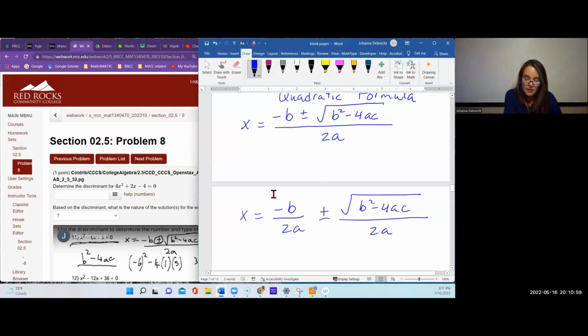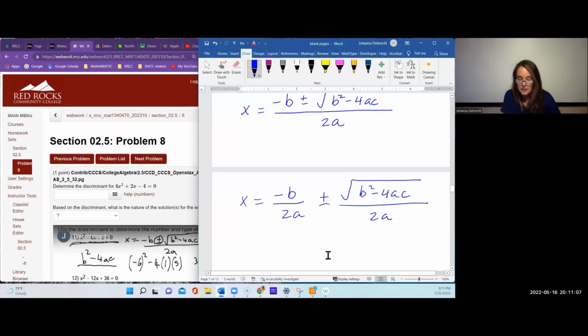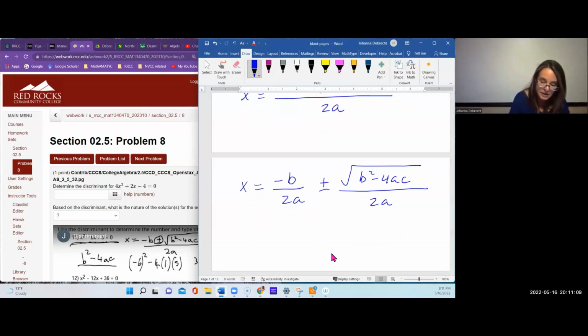Now, when we're looking at this, notice that the square root is going to have a big effect on the kind of answer we get. It's so important that we have a name for it. B squared minus 4ac is called the discriminant because it discriminates between the different kinds of answers we can get. What does it determine?